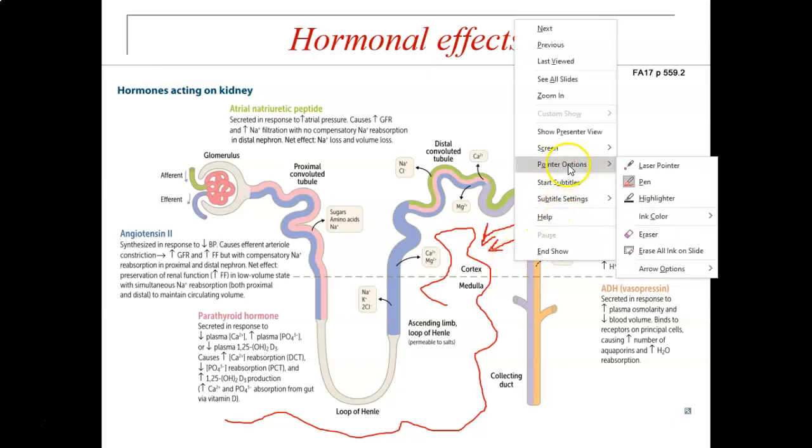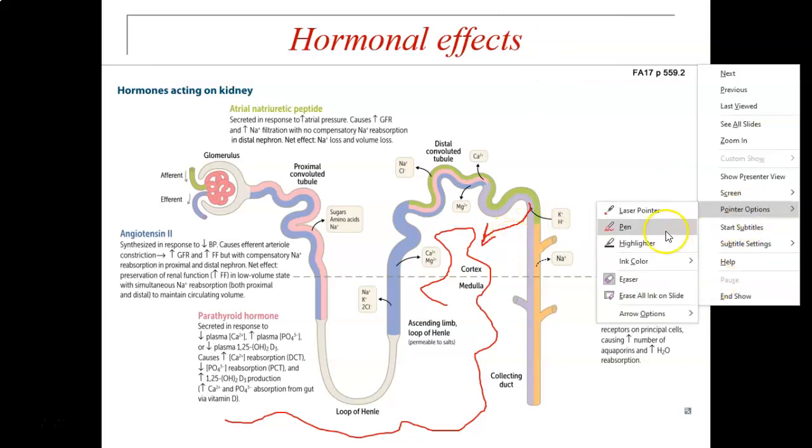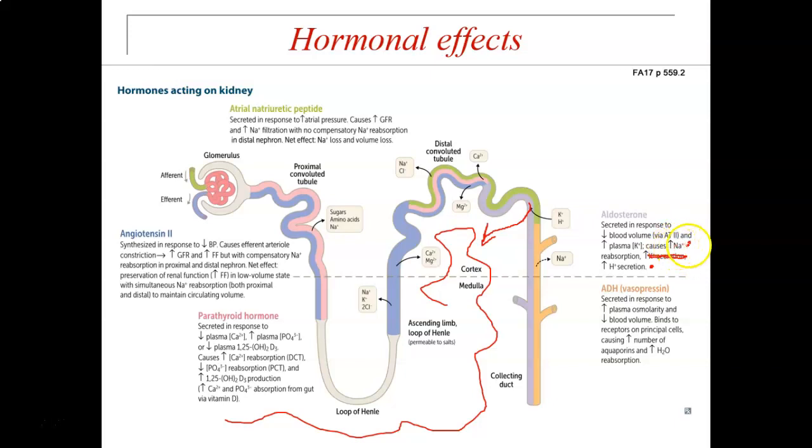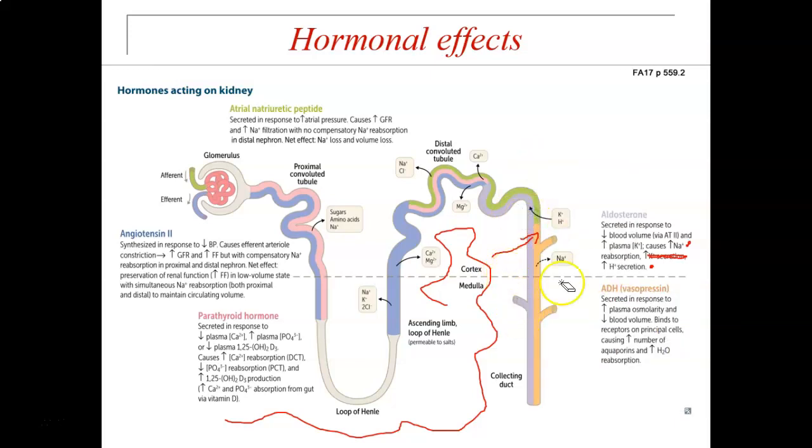But because sodium and hydrogen act as antiporters, if sodium goes one way, hydrogen has to go the other way. So as sodium enters here, hydrogen is kicked into the tubule. I just realized where I was drawing this arrow, so let me move that in case it's confusing people.